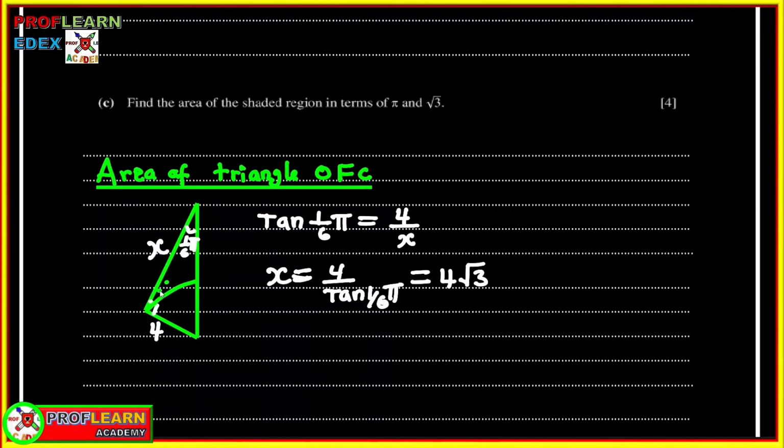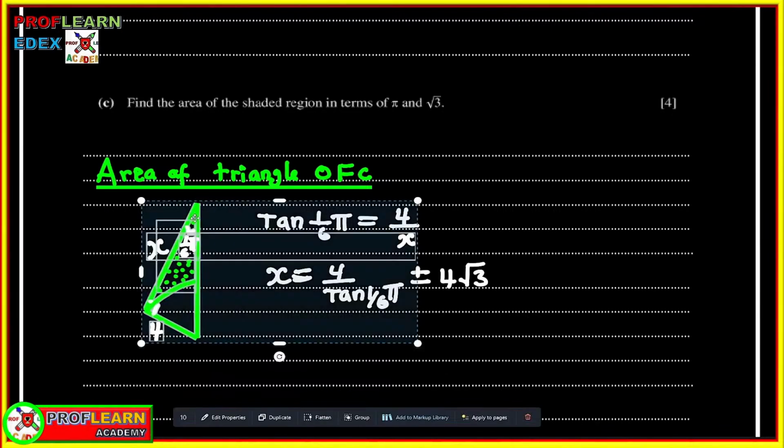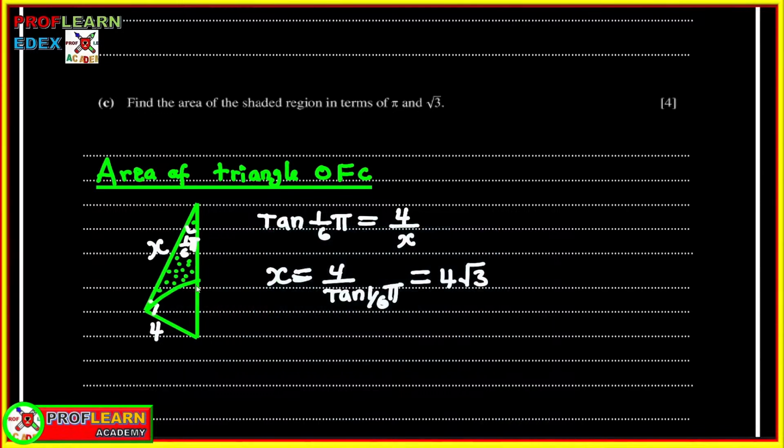So I can draw that sector there. We are finding the shaded area of the upper part. But now I need to find the unshaded part of the sector here, for which I need to find the area of the triangle first. The area of the triangle is going to be a half base times height, and the height value x we had gotten to be 4 root 3, times 4, and working that out we're going to get 8 root 3.